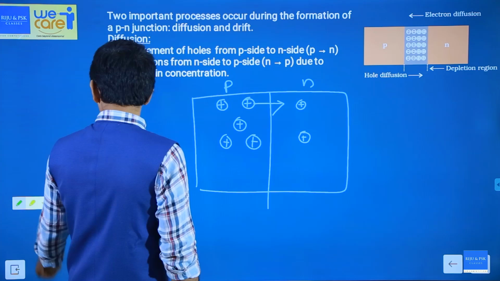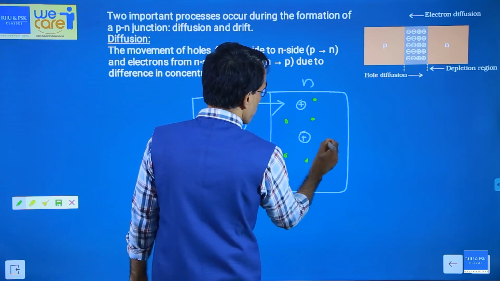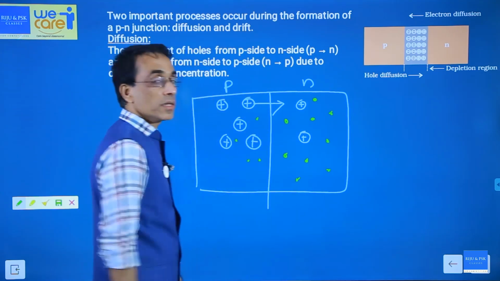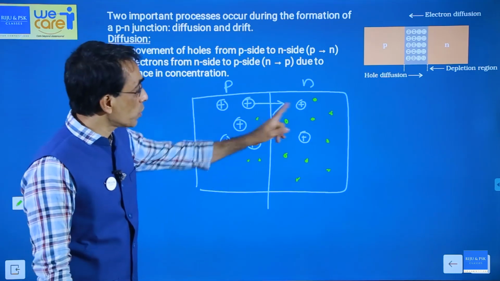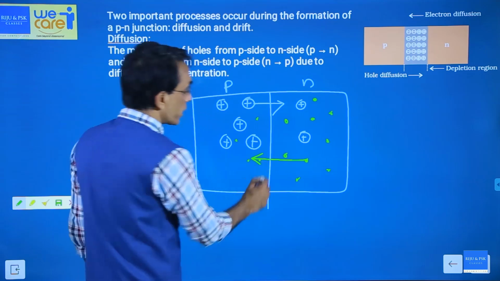Think about the electrons. A very large number of electrons here, and very few electrons on the other side. The concentration of electrons is more on the n side, less on the p side. So electrons will diffuse to this side.